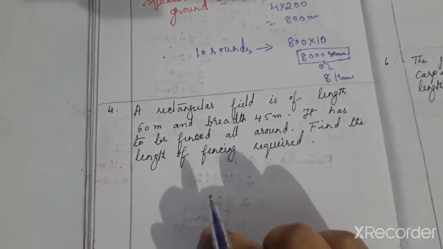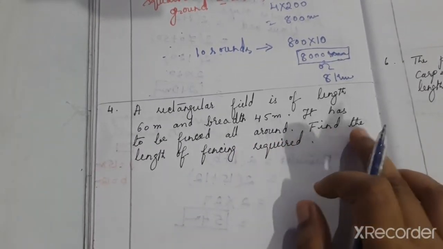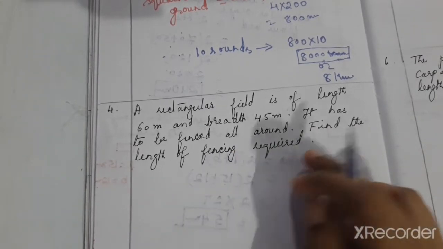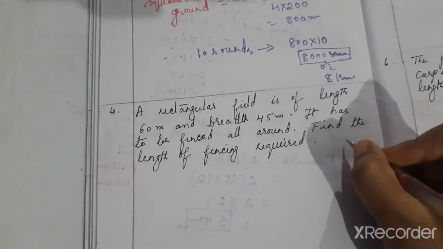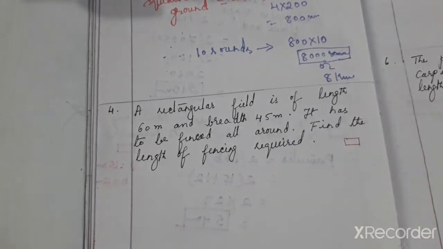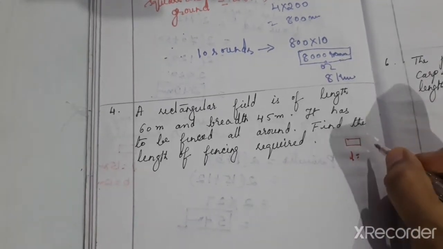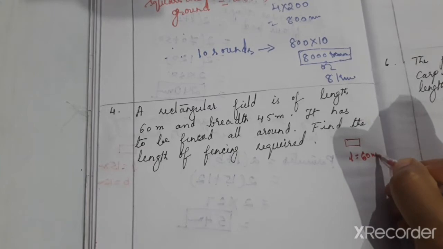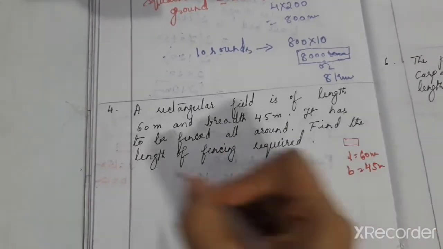Find the length of fencing required. Length is 60 meter and breadth is 45 meter.